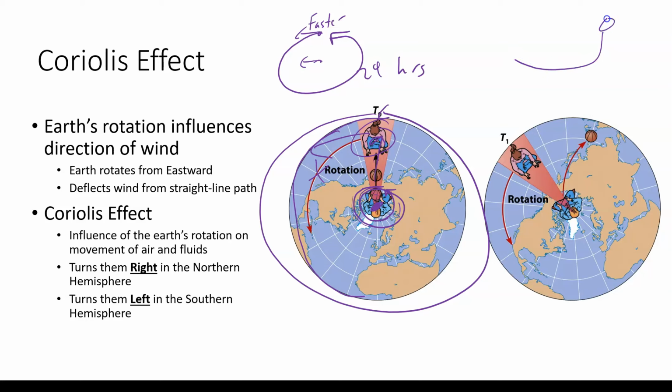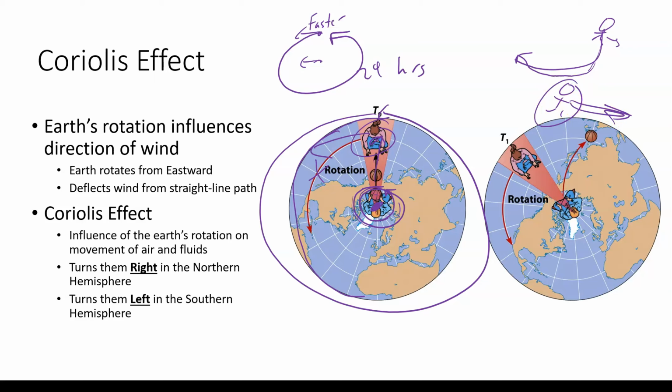It would look like, so if I was here and this person were here and I threw it directly at them, because this person is moving that way more quickly than I am, it would appear as though the ball curved away, when in fact the ball went straight and this person moved.